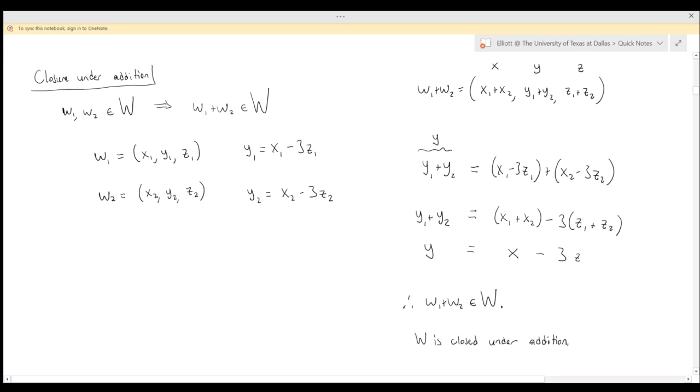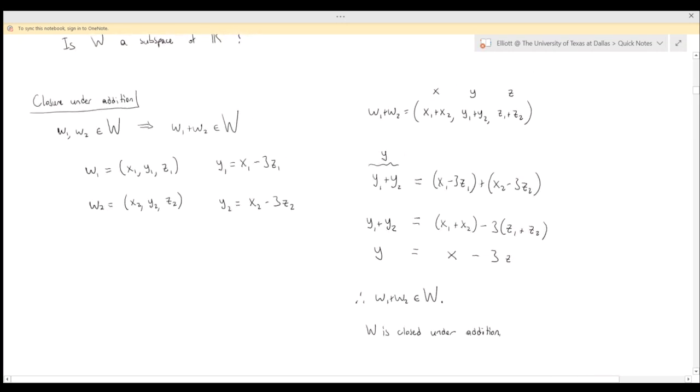Before I do that next, I'll just pause briefly and ask if you had any questions so far about how I showed in this example that it was closed under addition. All right, so in that case, we'll take a look at the scalar multiplication next.